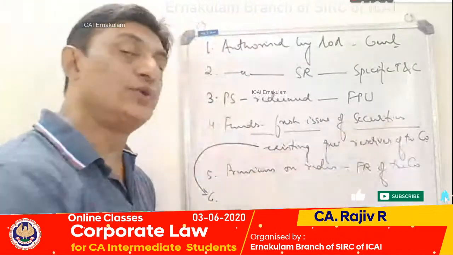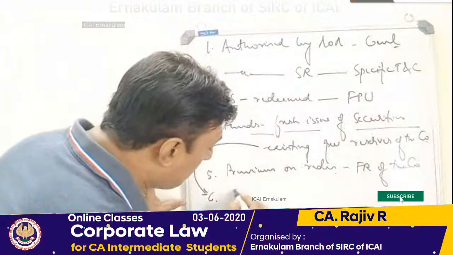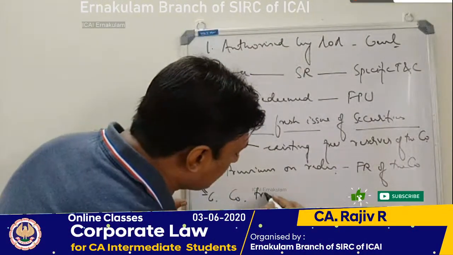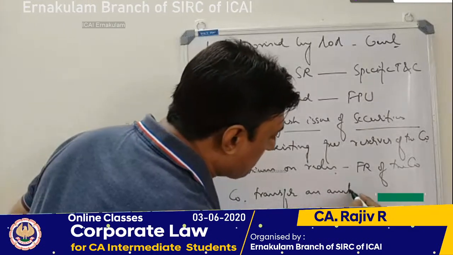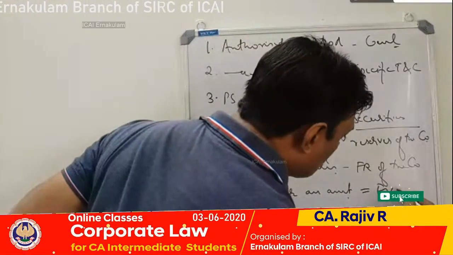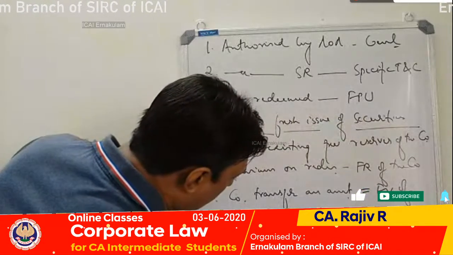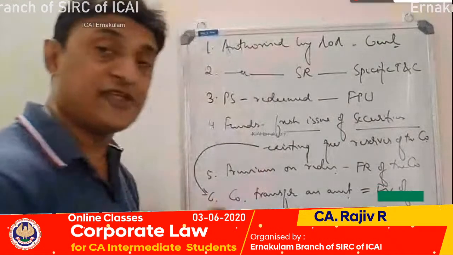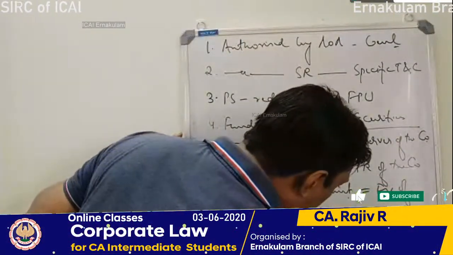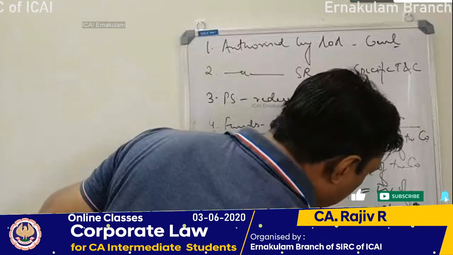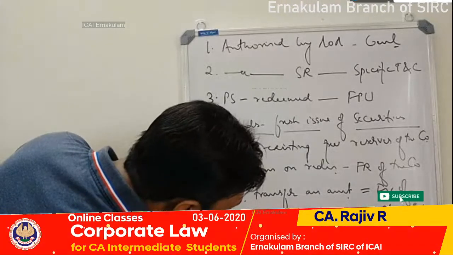If you are utilizing the existing free reserves of the company, then the company shall transfer an amount equal to the face value of redeemed preference share capital to a separate reserve called the capital redemption reserve account.